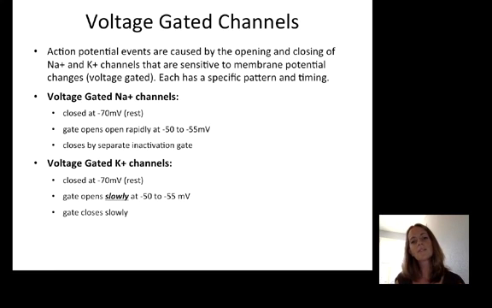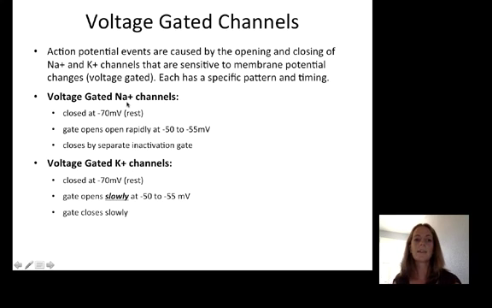When channels are sensitive to electrical activity or membrane potential, we call this voltage-gated, because it is the change in the voltage around that channel protein that causes the change in the channel and the opening of the channel. So we have in neurons both voltage-gated sodium channels and voltage-gated potassium channels, and this is how they behave.